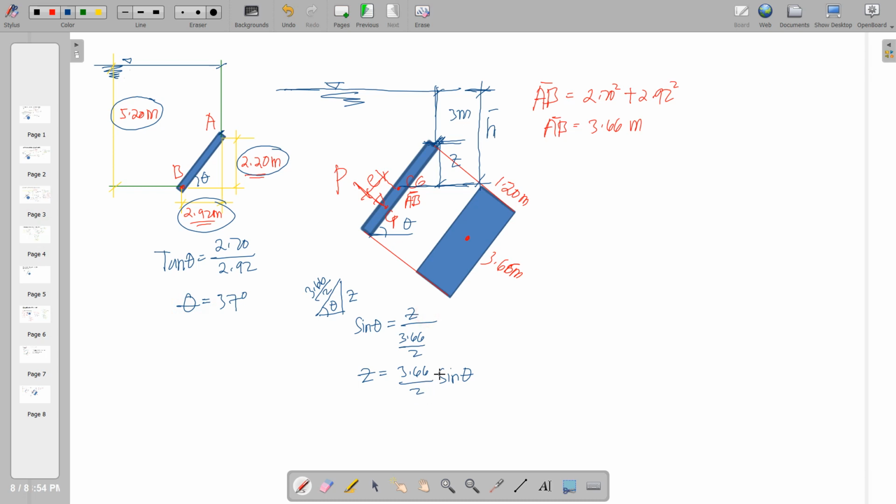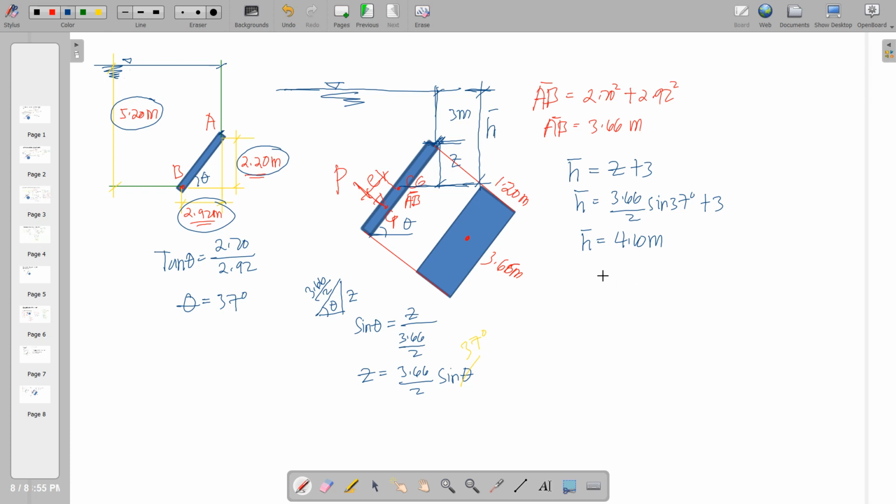So we have here sine of 37 degrees. We now go back to h bar. h bar is equal to z plus 3. We substitute the value of z, and then add that to 3. Therefore, h bar will be equal to 4.1 meters.